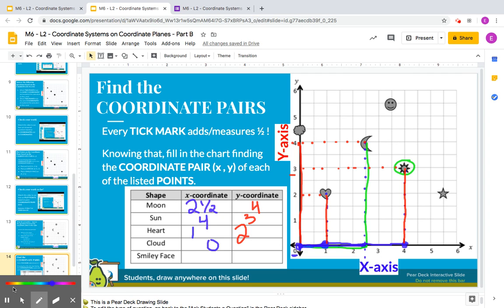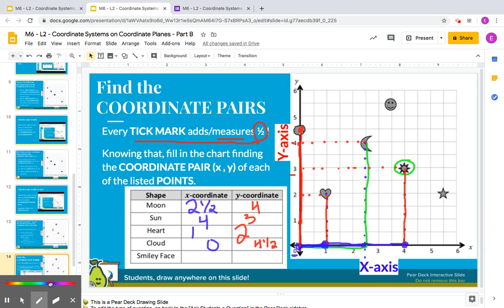But it does go up, which means it will have a y-coordinate. So x is 0, but y is 1/2, 1, 1.5, 2, 2.5, 3, 3.5, 4, 4.5. I go up by each tick mark because each tick mark is adding 1/2 or measuring 1/2.